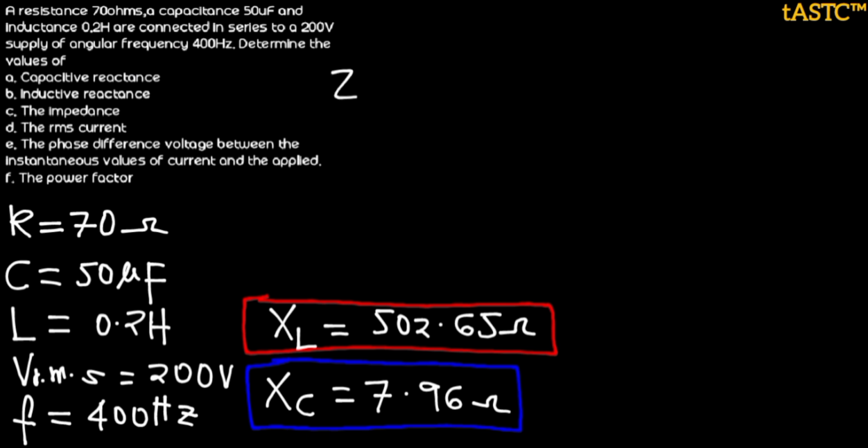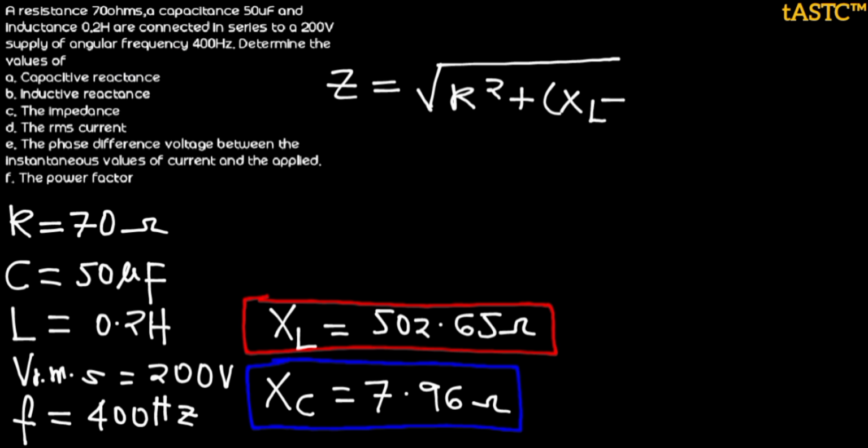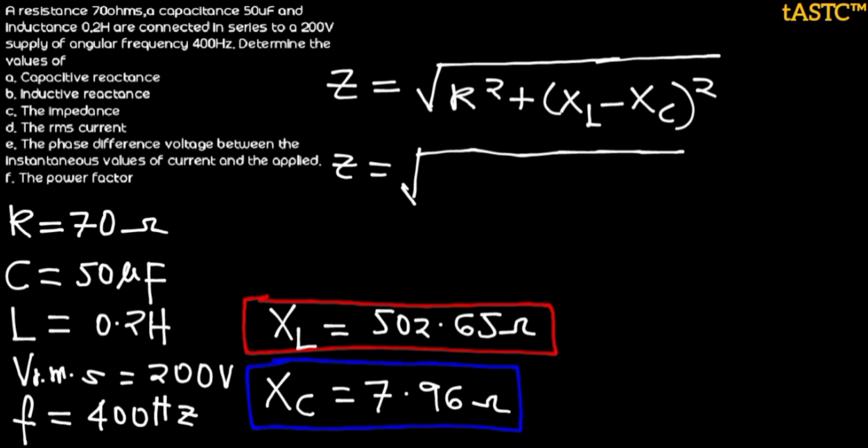And the formula for impedance is Z equal to the square root of R squared plus, X sub L, this is the inductive reactance, minus X sub C, all squared. This is the formula for impedance. Now we have already been given the value for the resistance, so we're just going to write it there. This is going to be 70, squared.